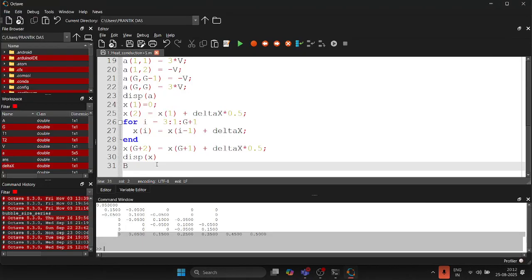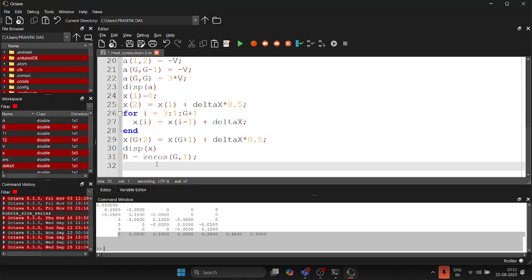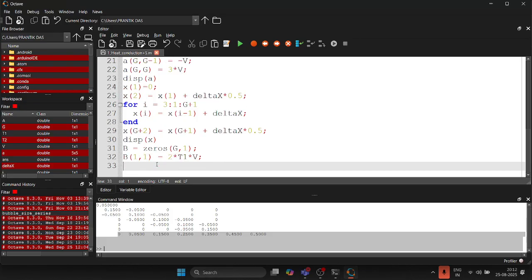So then what I have to do is b is zeros of g comma 1. Since b is a column matrix which has a dimension of g cross 1, as I said earlier. So b of 1 comma 1 is basically 2 into P1 into v, sorry, P1 into v.